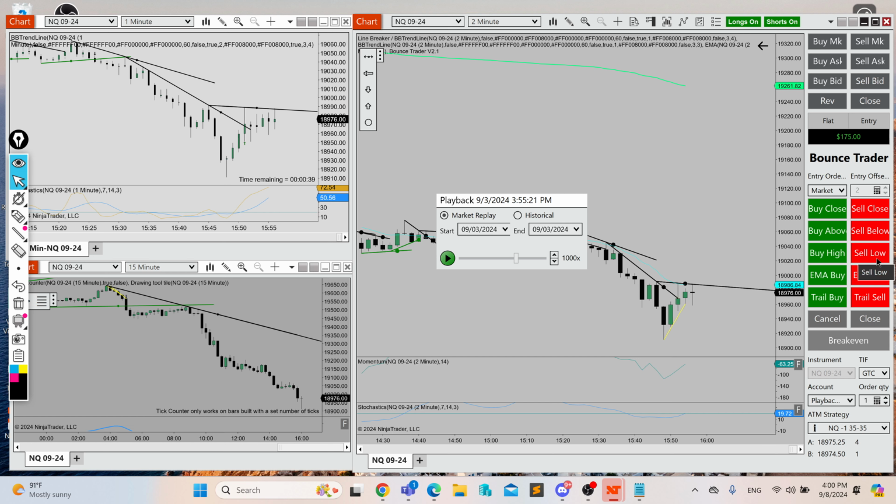And basically it means we will buy high if price will be above previous bar high.